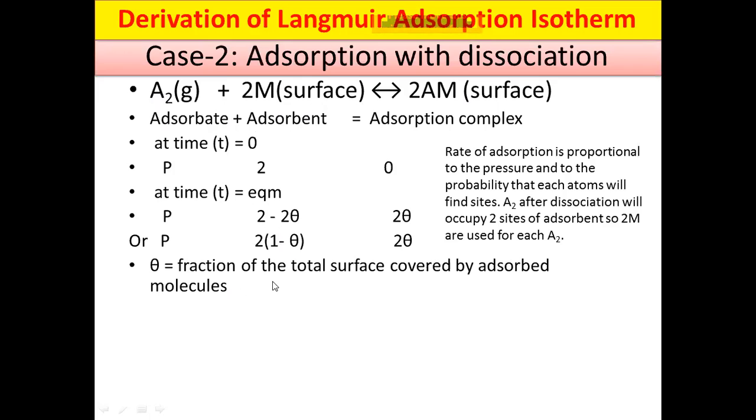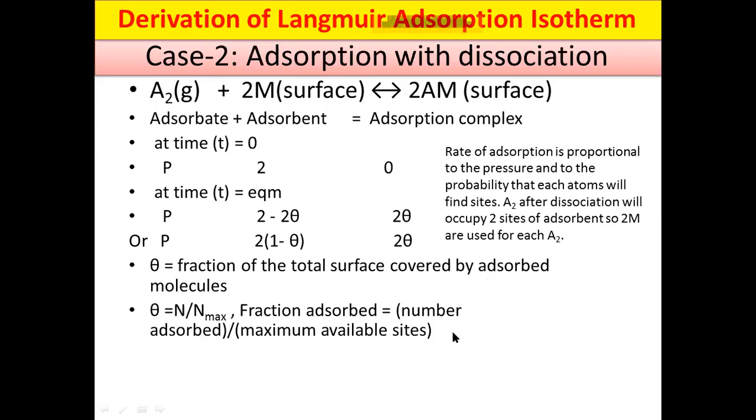So theta is the fraction of the total surface covered by the adsorbed molecules, and in detail we have also discussed before what fraction adsorbed is, that is the number of adsorbed molecules of the adsorbate per maximum available sites, and available sites are on the adsorbent.